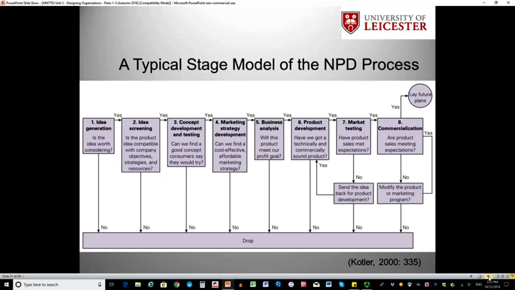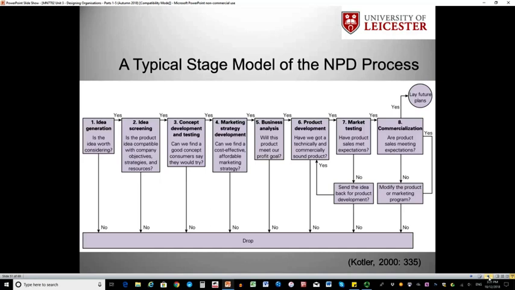But it's also doing something else. It's linking one stage to the next, one routine to the next, by effectively putting in what's called a stage gate. And a stage gate is essentially, does this idea or this activity, is it ready to move to the next stage? And if it's not, then we drop it or we keep within this stage.